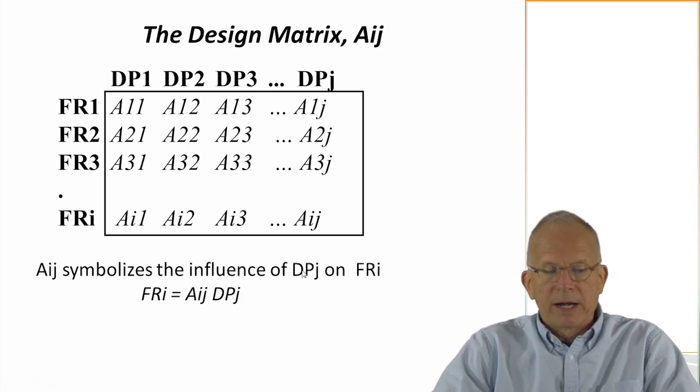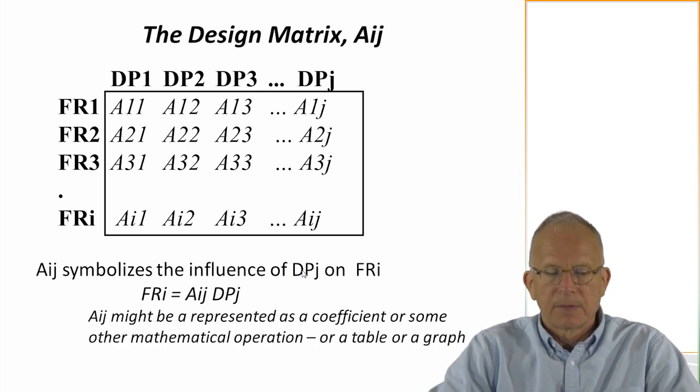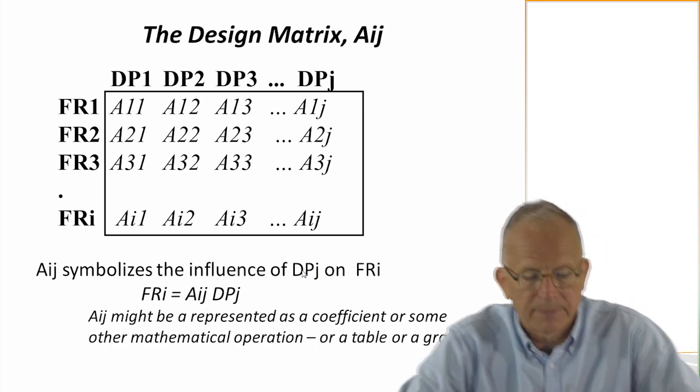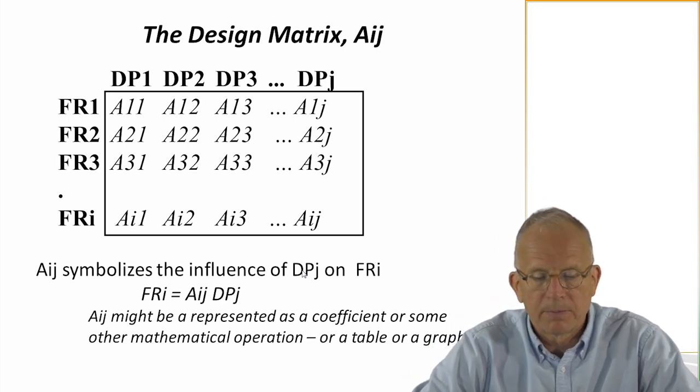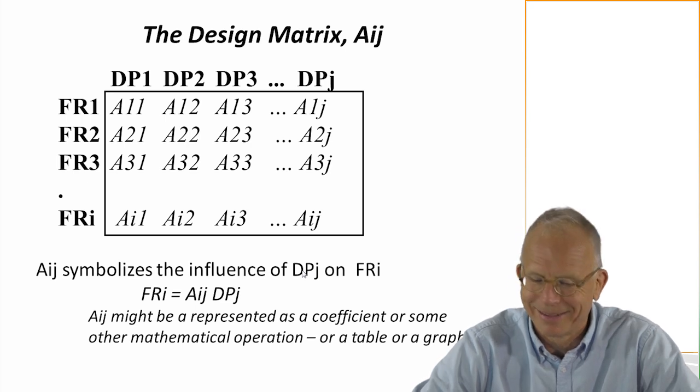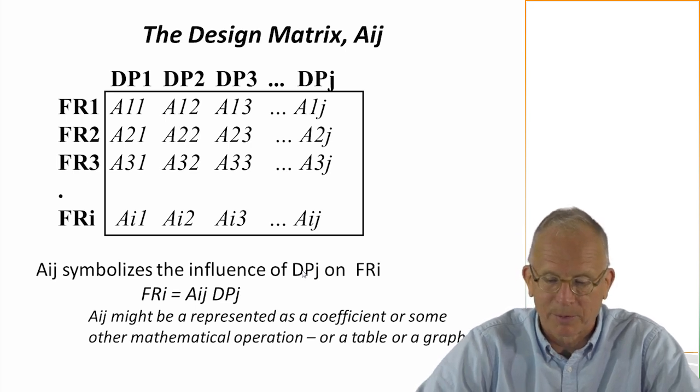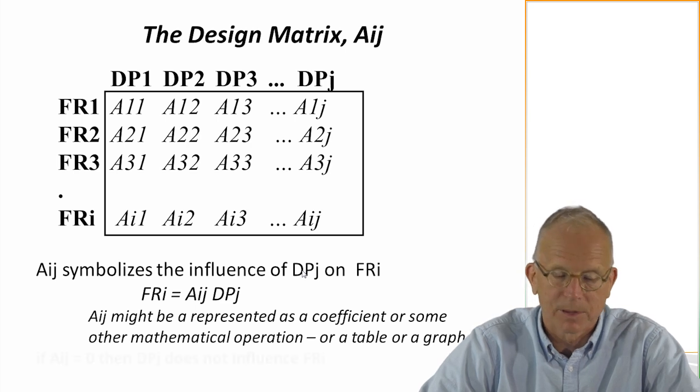So we could write FRi is equal to Aij times DPj, and Aij might be representing a coefficient or some other mathematical operation, like a table or a graph.